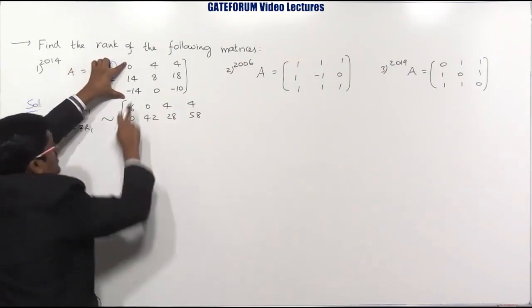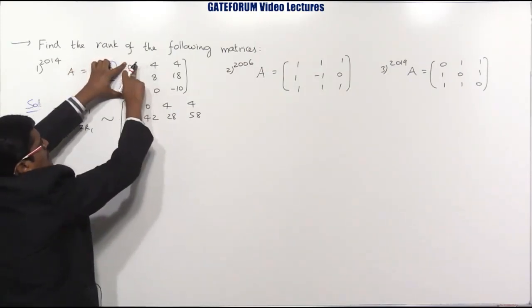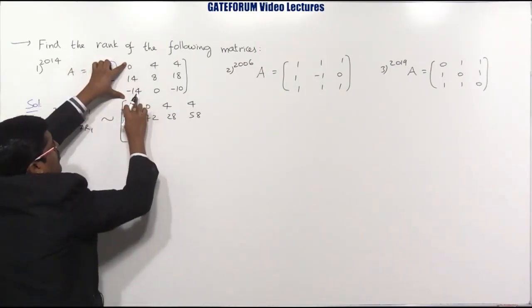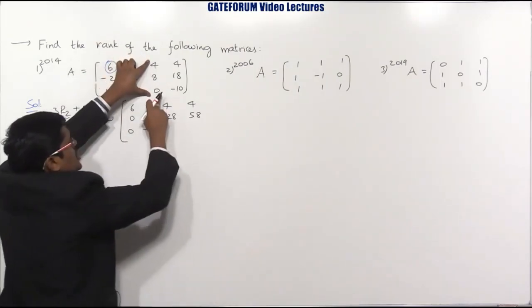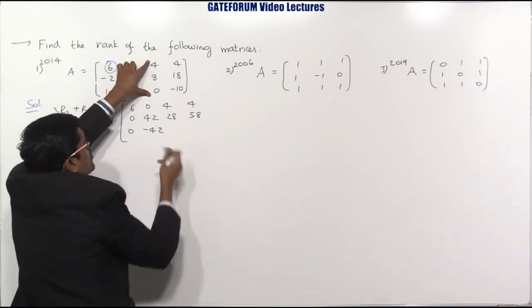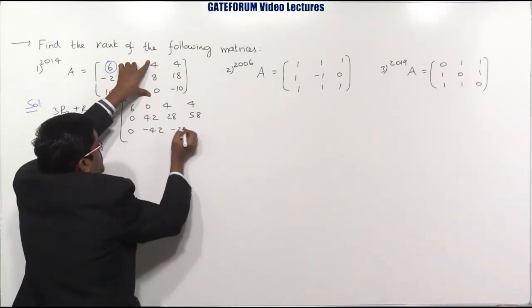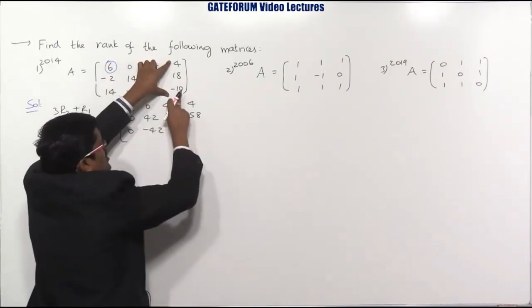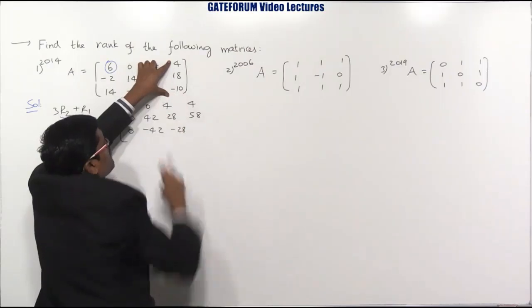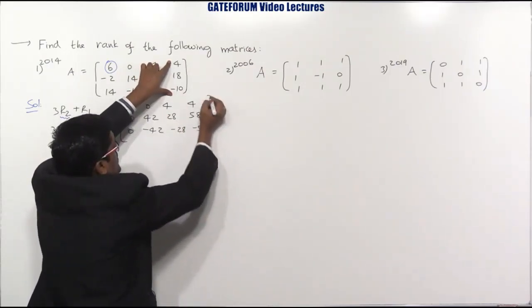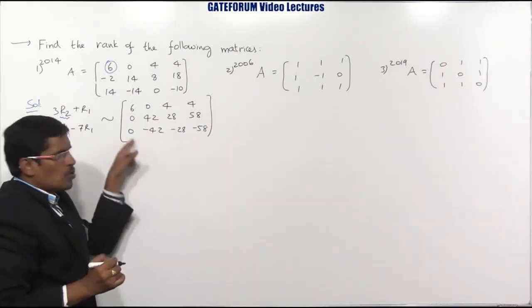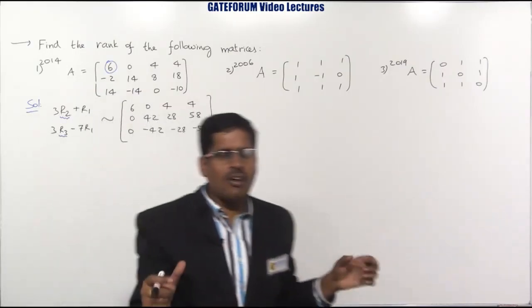Next, move like this. 3 into minus 14 minus 7 into 0. So minus 42 minus 0 simplifies to minus 42. Move like this. 3 into 0 minus 7 into 4. So 0 minus 28 simplifies to minus 28. Next, 3 into minus 10 minus 7 into 4. So minus 30 minus 24 simplifies to minus 58. So these are the new elements of the third row.